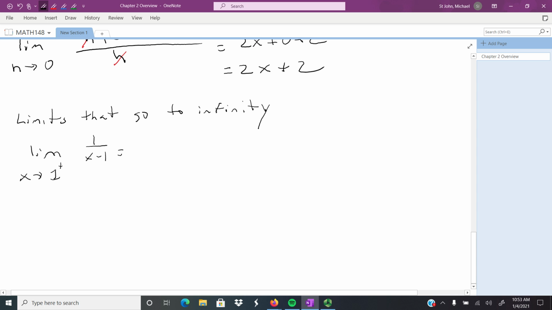Well, that's going to equal infinity. And then if I ask what is the limit as x goes to 1 for numbers that are less than 1, we'll find out that this will give us negative infinity.